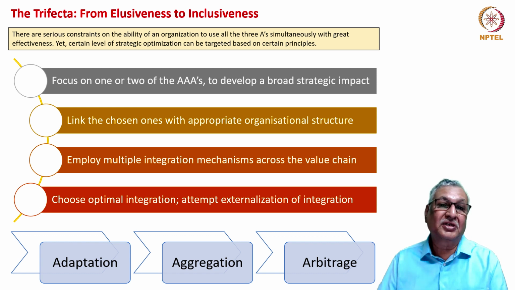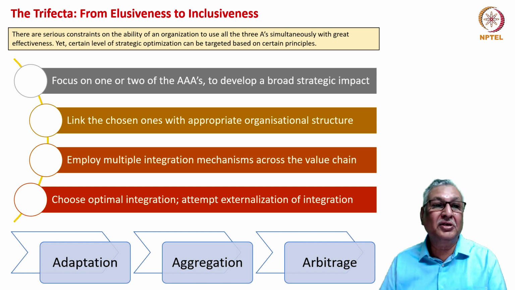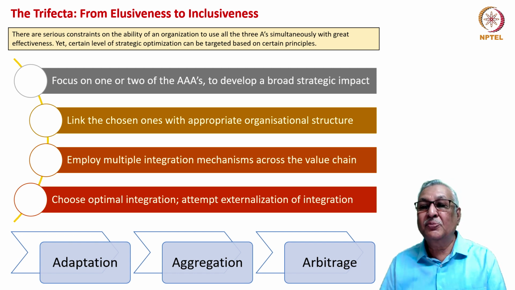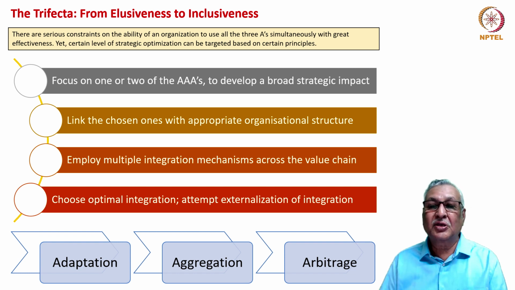Given that there are serious constraints on the ability of an organization to use all the three A's simultaneously with great effectiveness, companies should practice some level of strategic optimization based on certain principles. Focus on one or two of the AAs first and develop the broad strategic impact. Link the chosen ones with appropriate organizational structure.